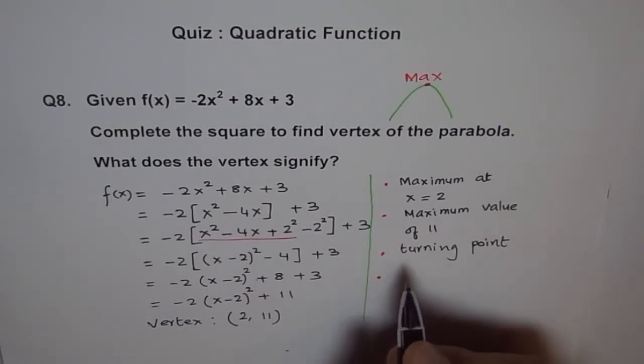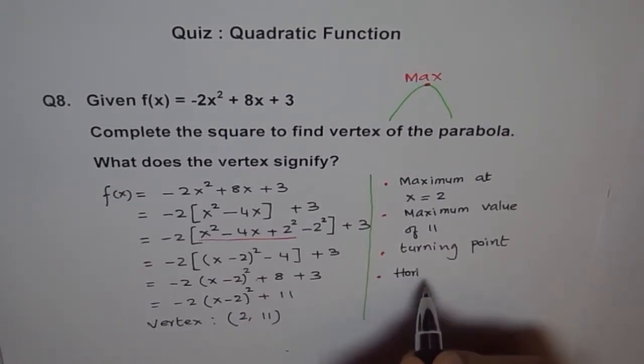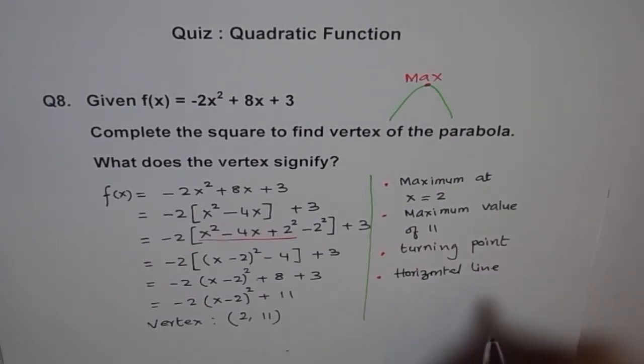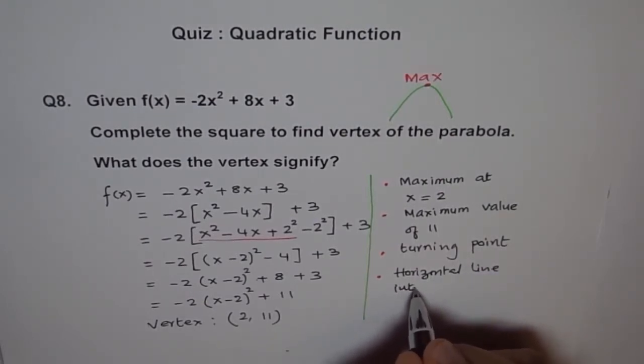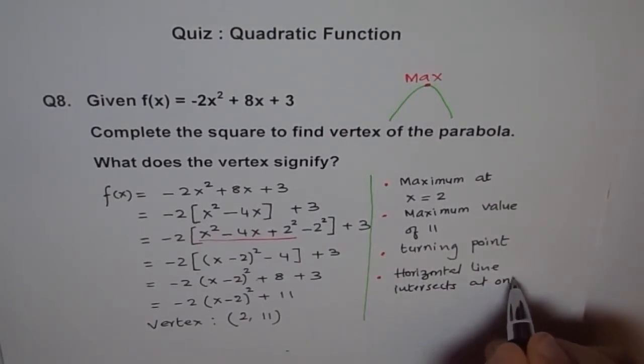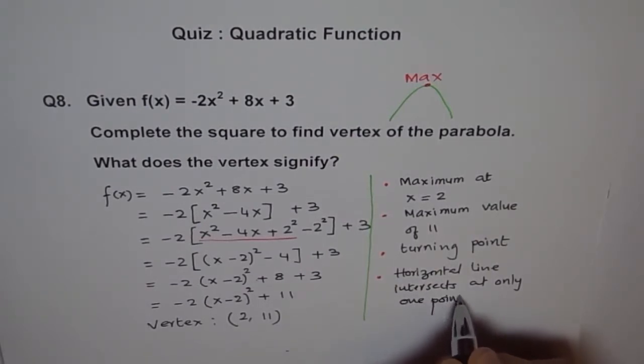If you draw a horizontal line, it will touch the vertex only at a point. Do you see? The vertex also tells us that a horizontal line intersects at only one point.